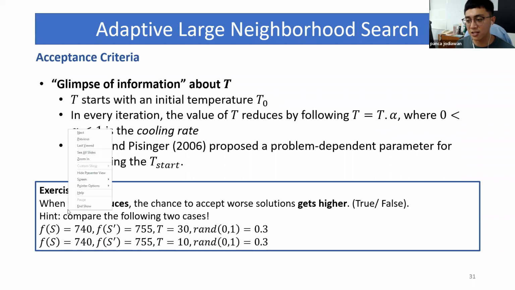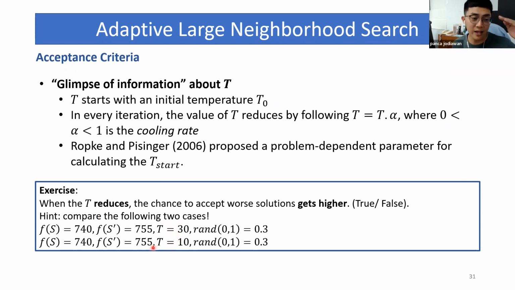The main difference between these two cases is only the T. This one, the T equals 30. This one, the T equals 10. It means that the second one is the case when the T has reduced, right? And then you may compare these two cases to clarify whether this statement is correct or not.